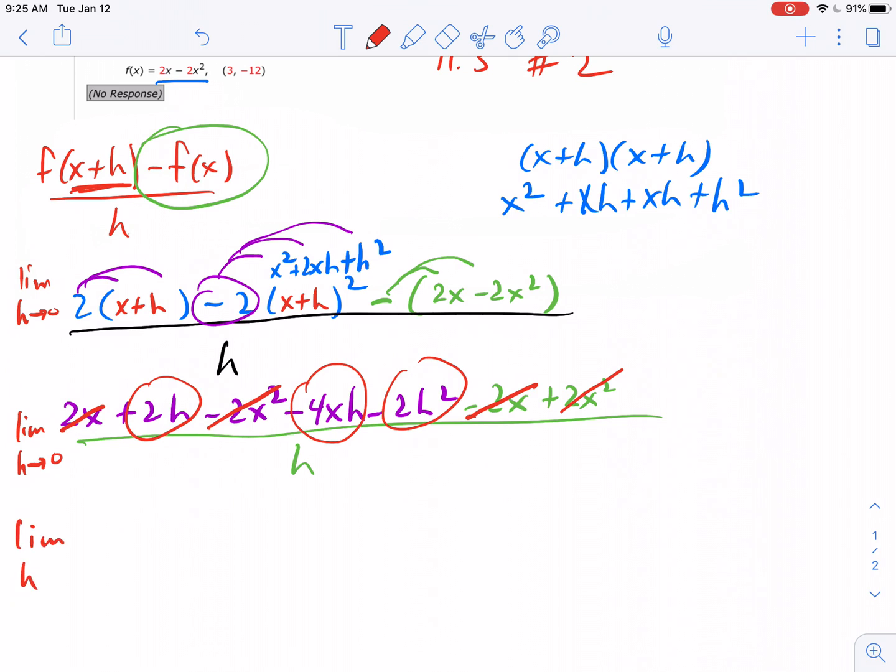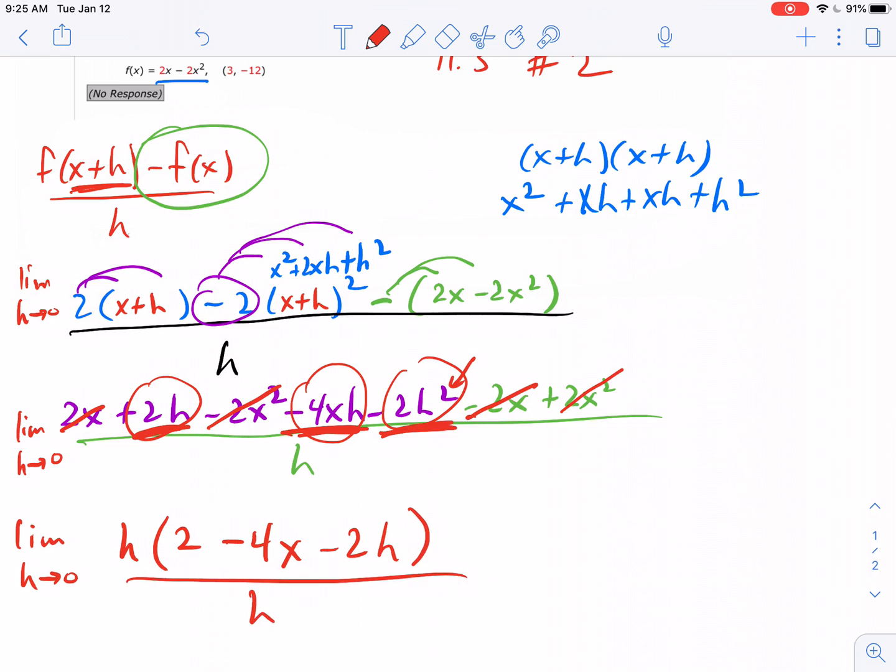So what I'm going to do is the limit as h goes to 0. I'm going to take the h out front. So from this one, there's a 2 left. From this one, just the negative 4x. And then when you look at this one, there's still one h, so it's negative 2h because there are 2 of them right there.